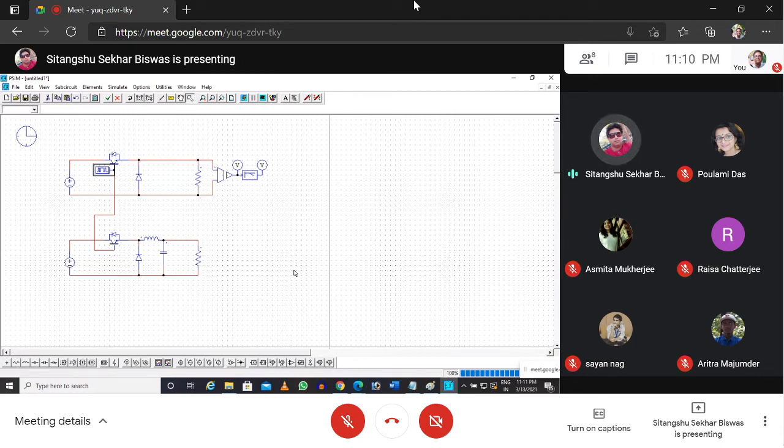That means VA should be 5 volt. Now from the formula, can somebody find out the value of L and C?